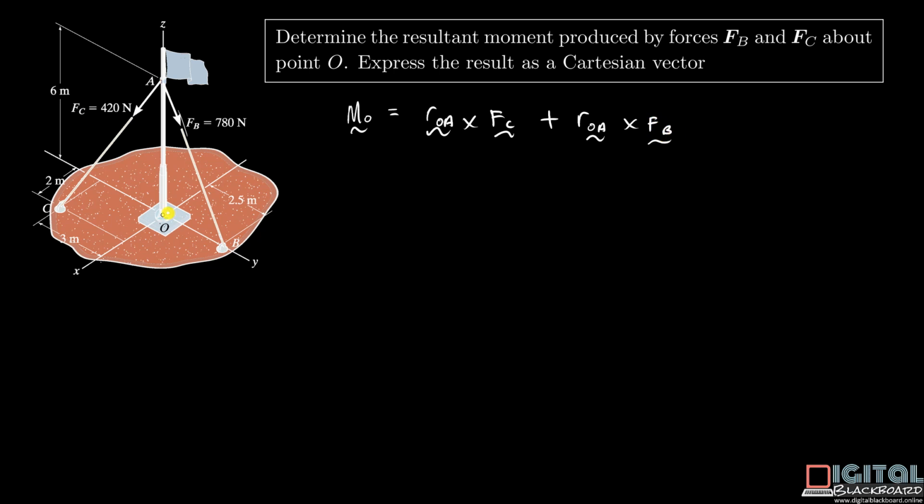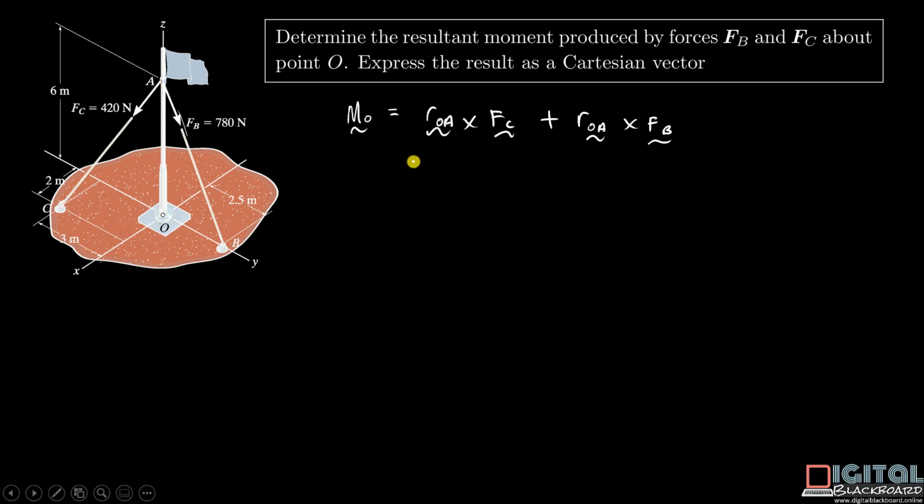Now the moment arm OA, point A, can lie on any point on the force vector or on the line of action of the force vector. We can of course choose also OB. Right, for the case of force F_B, we can also choose OB, and for the case of F_C, we can also choose OC.